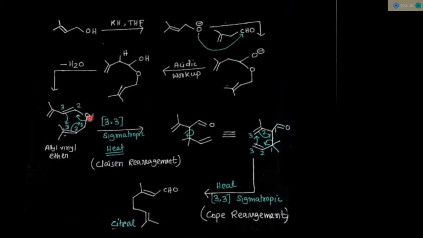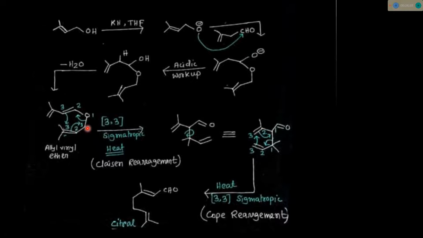Now see this, if you carefully look, this compound contains an allyl vinyl ether functionality. This is a vinyl ether and this is an allyl ether functionality. We all know that if a compound contains this kind of functionality, allyl vinyl ether, there is a chance for a Claisen rearrangement, that is a 3,3 sigmatropic rearrangement.